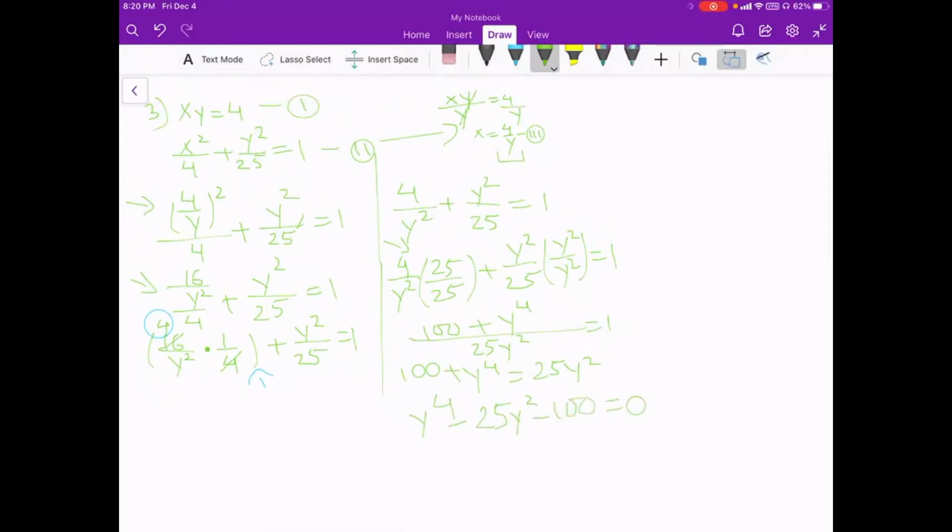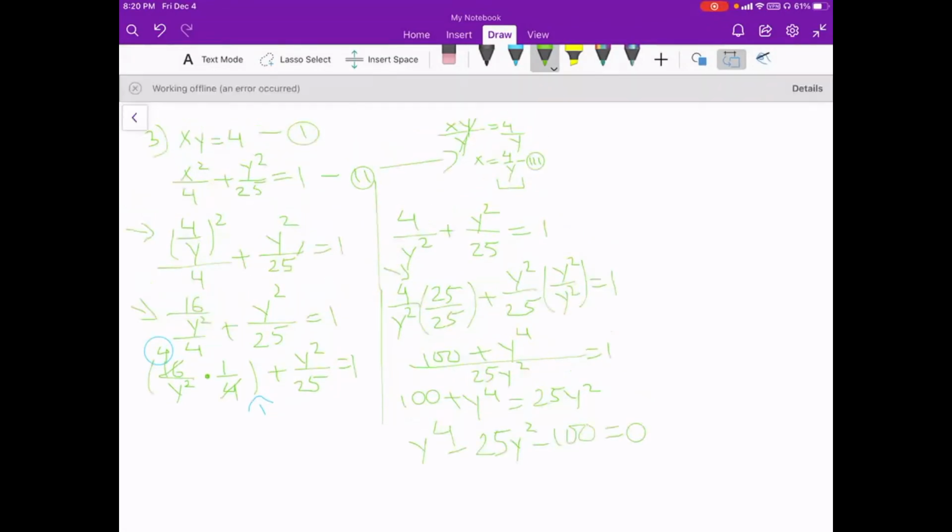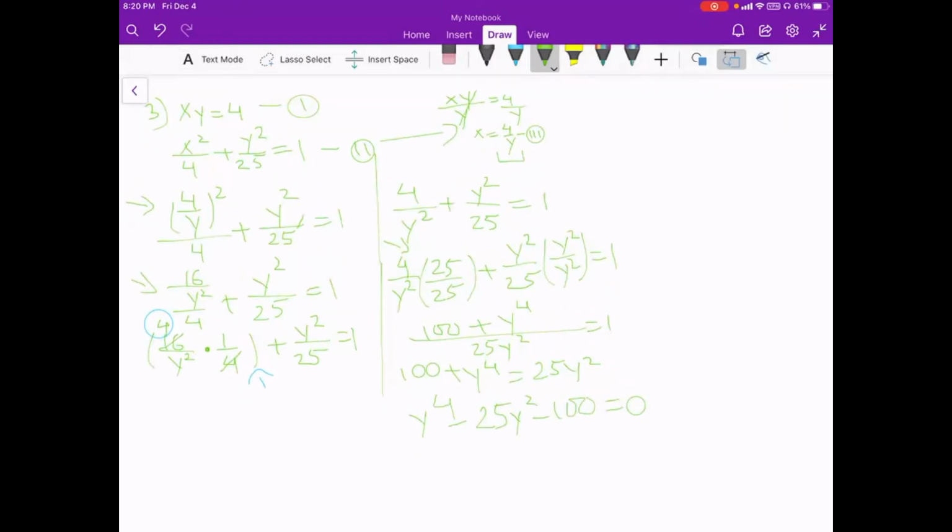Now what do we do next? Well, you see it's y to the 4th power. And we have worked with y to the 2nd power as our variable for the first term, but we never really worked with a variable as part of our first term that has the 4th power as the exponent. Interesting. So there are 2 ways to do this.